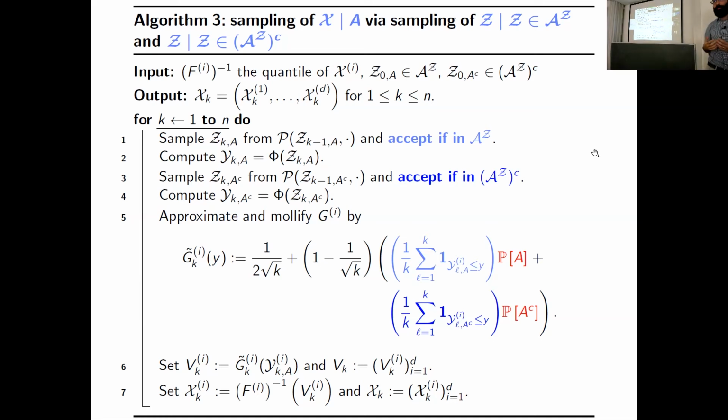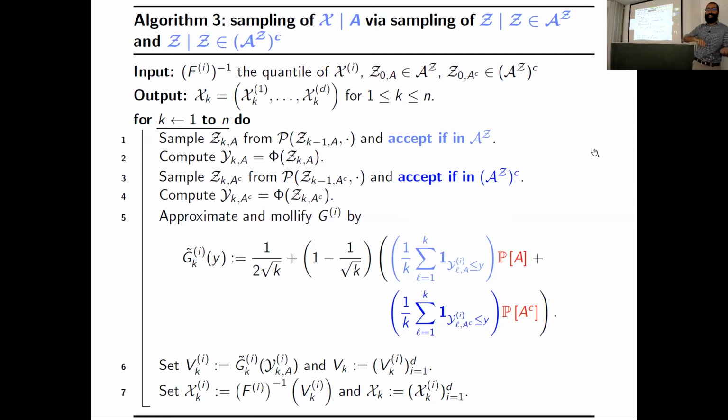For the second Markov chain, as I said, it can be very simple. It can be just IID samples, because if A is rare, A complement is not rare. So I use just IID samples for the second one. But in theory, I could use any Markov chain. So I run the Z Markov chain, with either the A or the A complement, and I compute the Y.